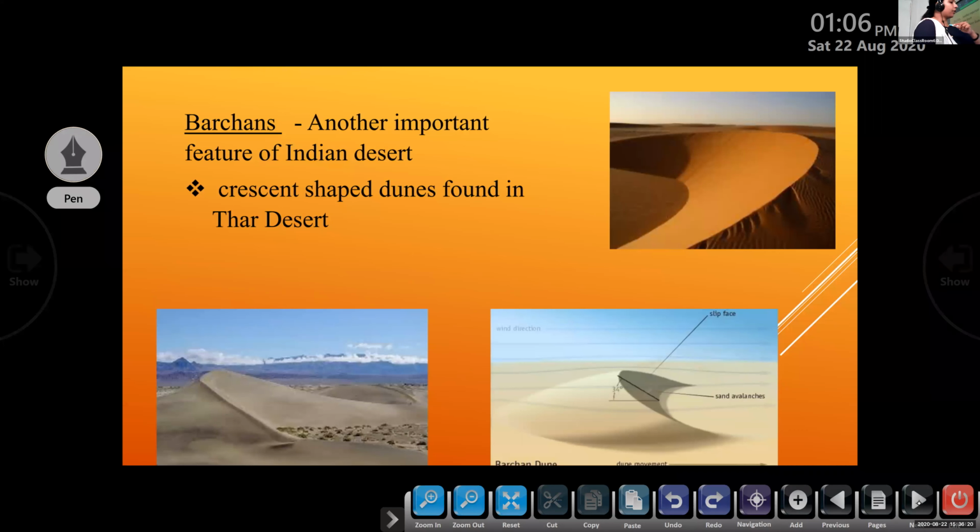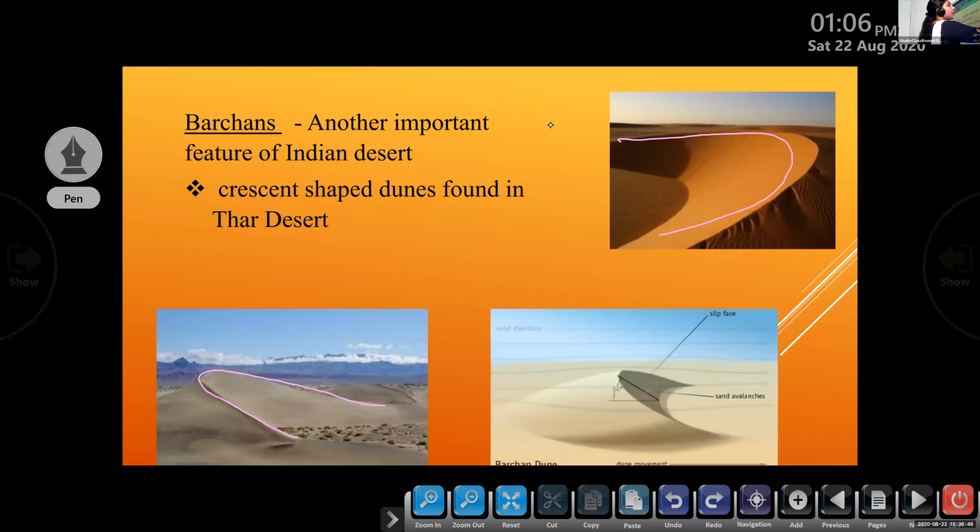The next important feature of Indian desert is Barkans. Barkan means crescent shaped dunes. From this picture, you can understand what it is. Crescent shaped or curved shaped dunes. You can see small hills in the Indian desert.